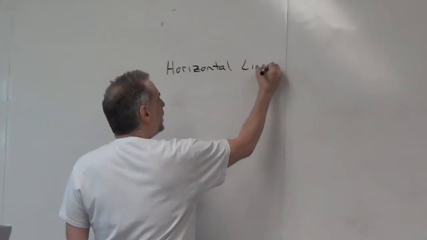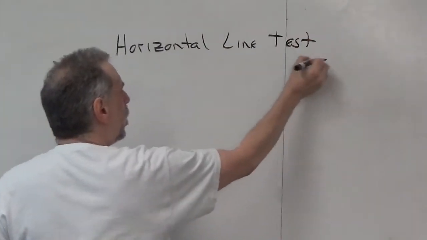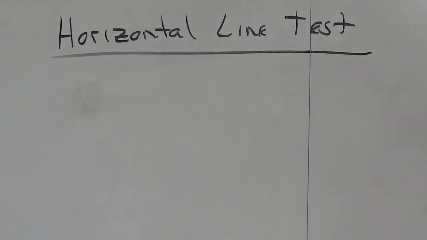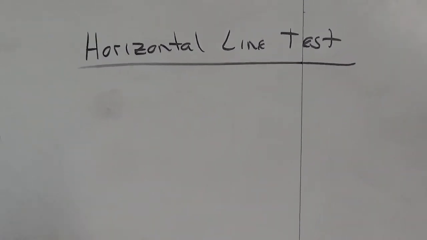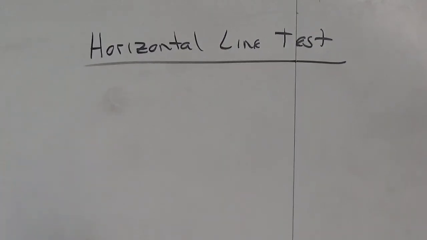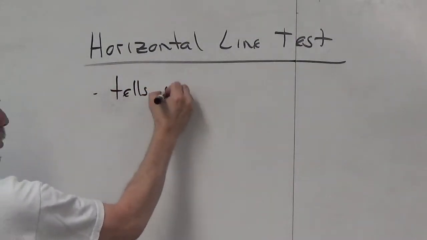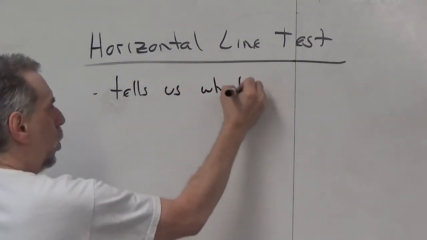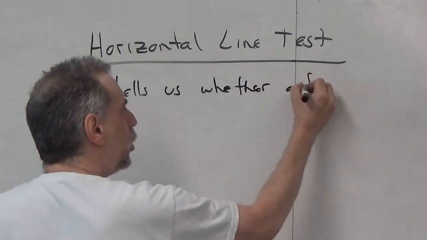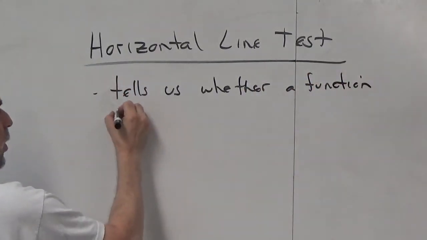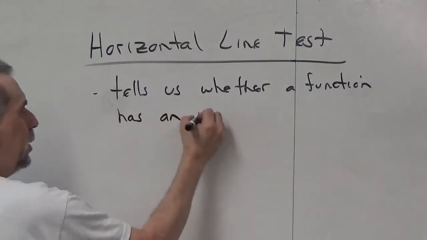So the horizontal line test acts very similarly to what we discussed earlier with functions, the vertical line test. So remember, the vertical line test told us whether a graph of a relation was a function or not. The horizontal line test tells us whether a function has an inverse or not.